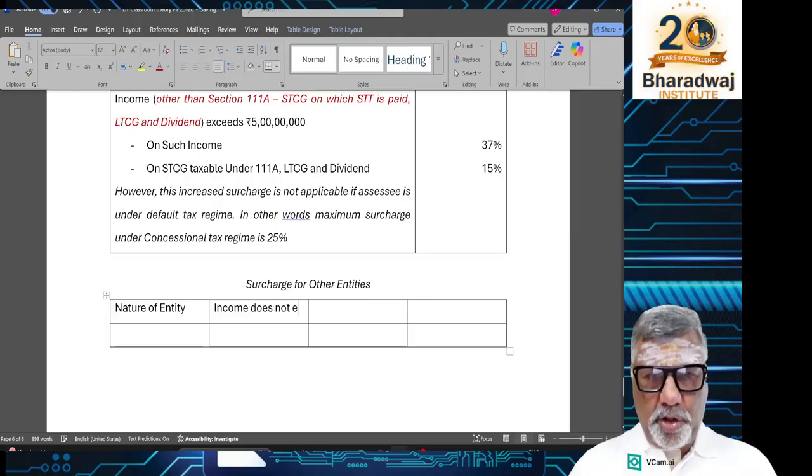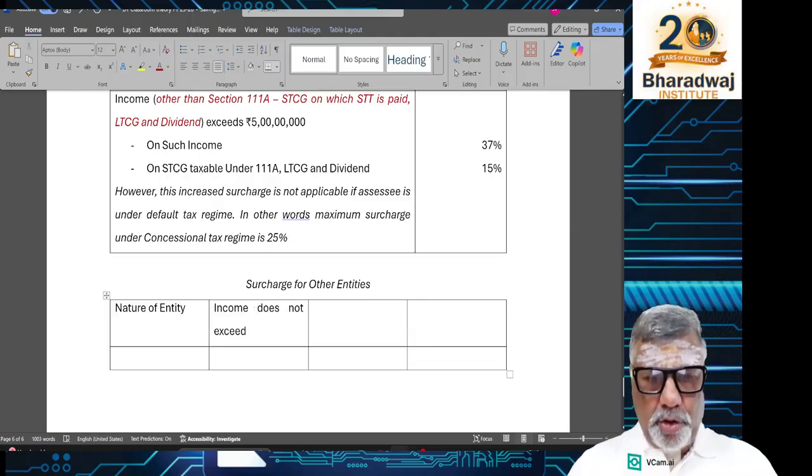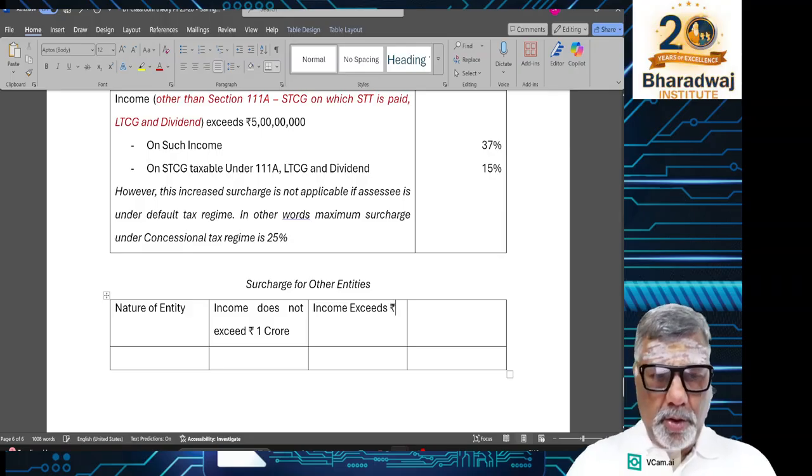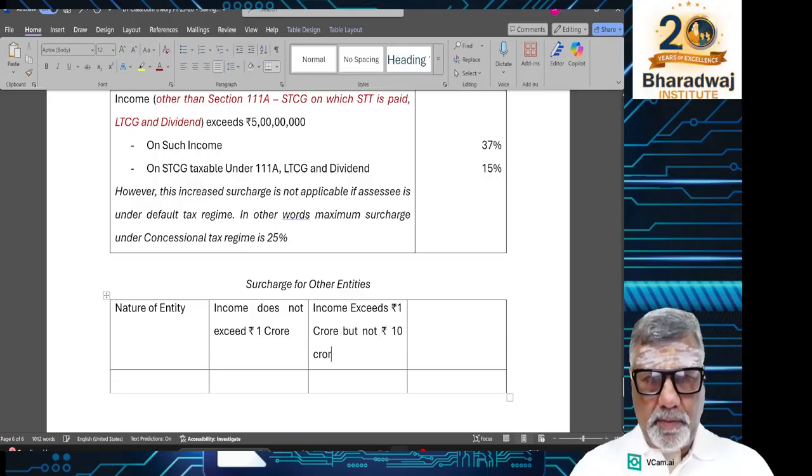Income does not exceed 1 crore. Income exceeds 1 crore but not 10 crores. Income exceeds 10 crores.